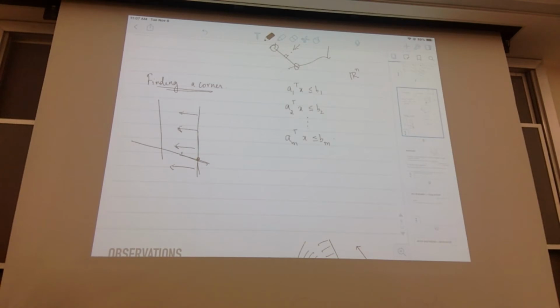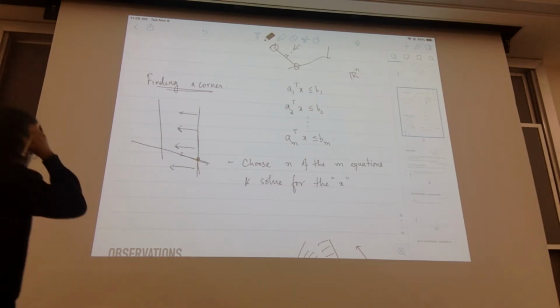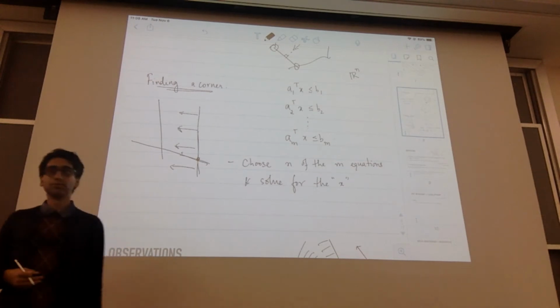So finding a corner is basically: choose n of the equations and solve for the common point on these hyperplanes. This is how you would find a corner point.